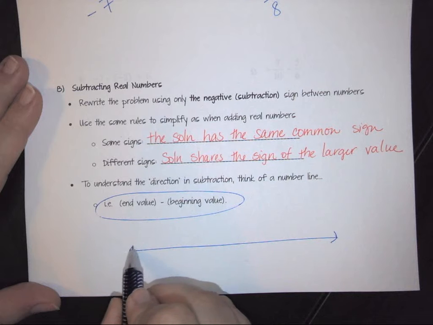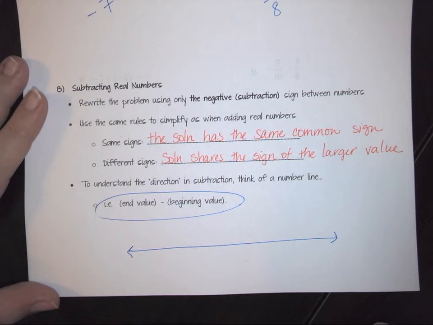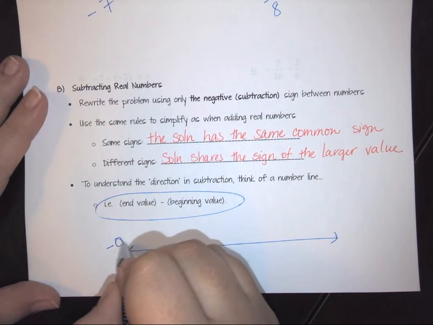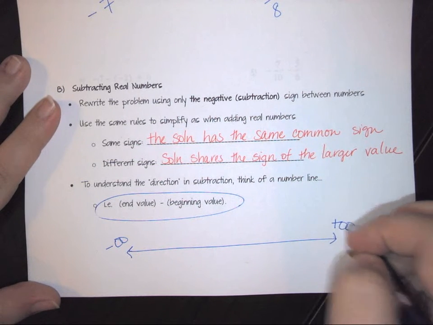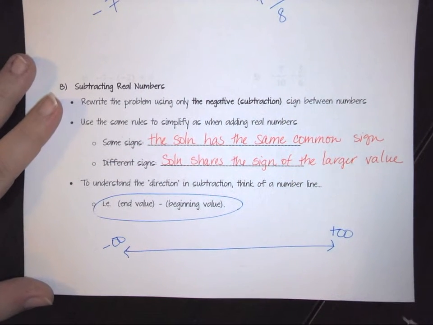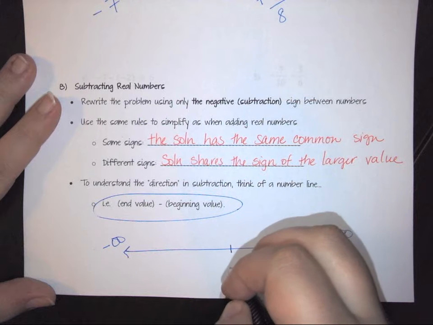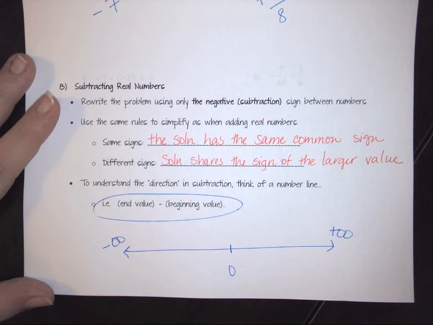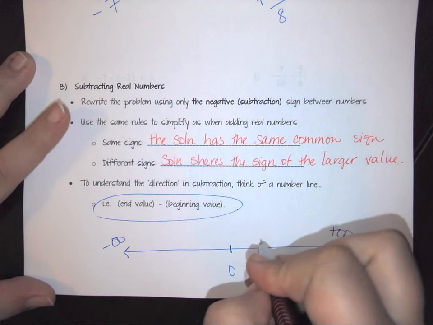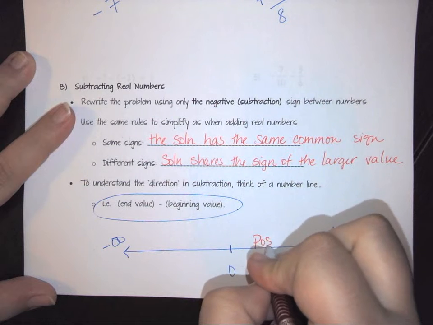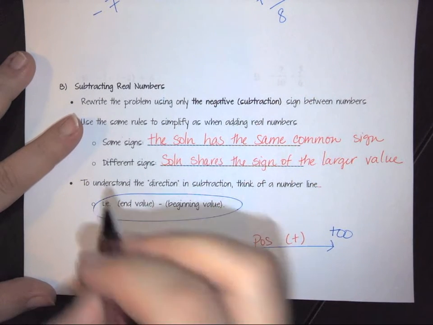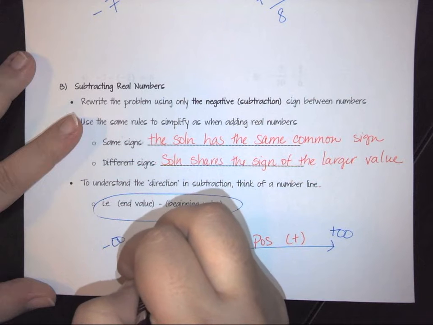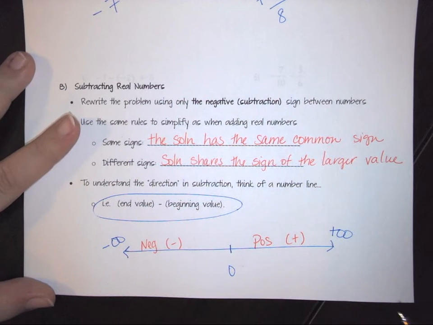All number lines, regardless of how advanced you are in math, start with the negative infinity on the left side, travel all the way through to your positive infinity on the right, and somewhere in the middle is 0. So what that actually means is that this is going to be your positive side, or your plus side, and this is your negative side.